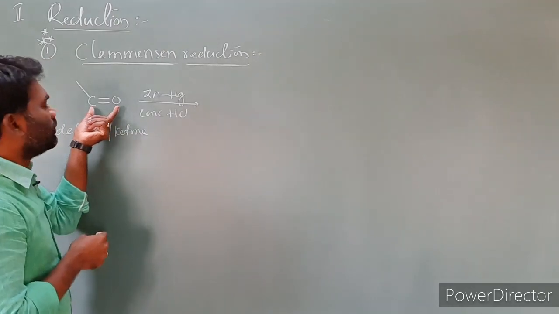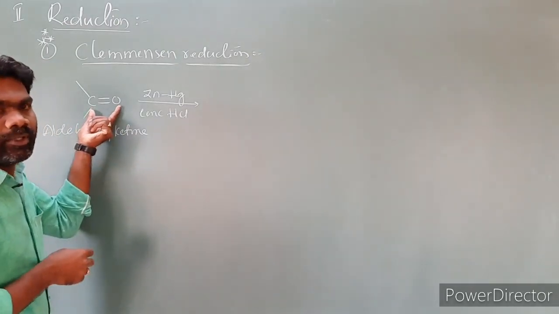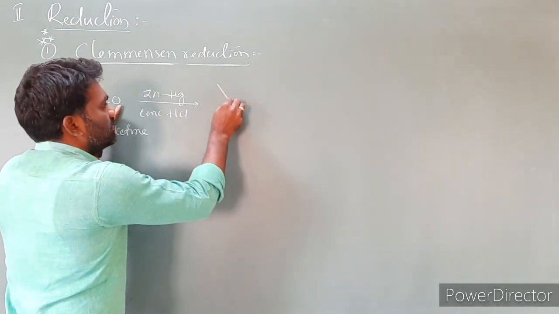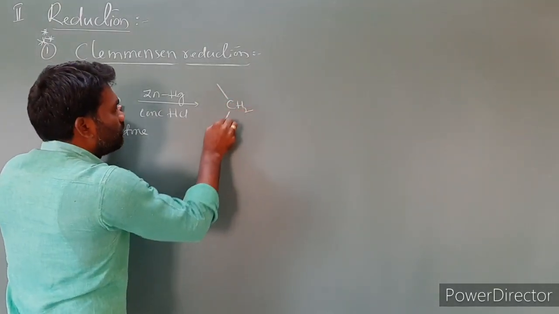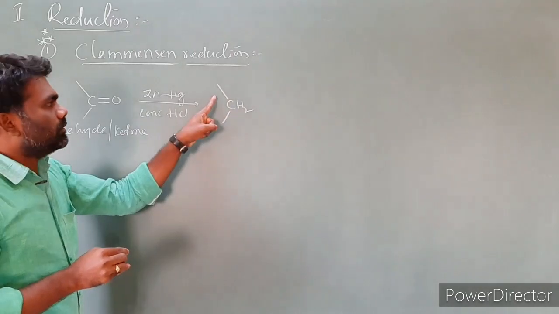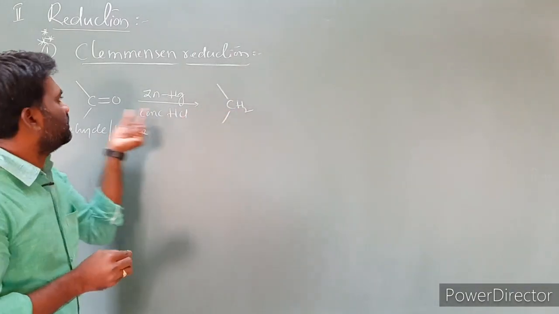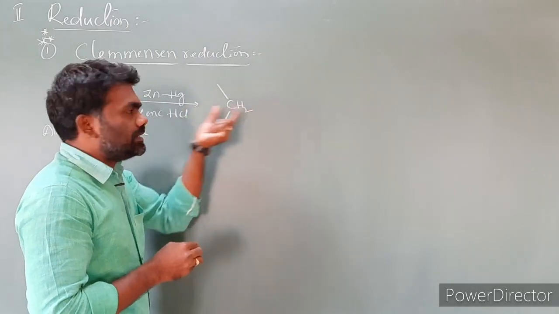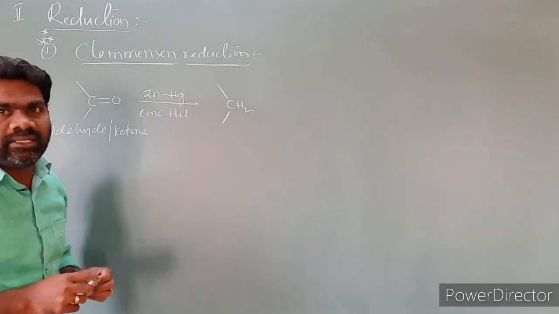Then this C double bond O group is called a carbonyl group. This carbonyl group is converted into a CH2 group, and the rest remains the same. So this reaction we call Clemmensen reduction.